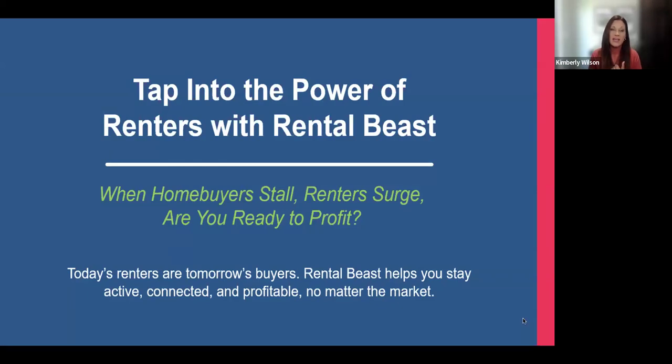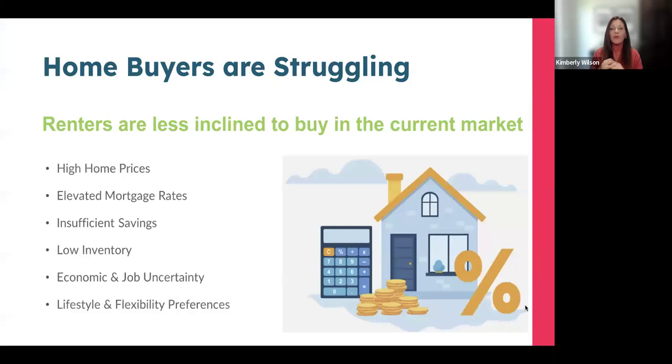So as we go into this next slide here, I just want to talk about a few of the factors that are impacting potential home buyers right now. Some of these come top of mind when we think about the market. Some of these, I think we forget the impact that they actually have. And so I just like to put them here so we really have a true understanding of what's happening.